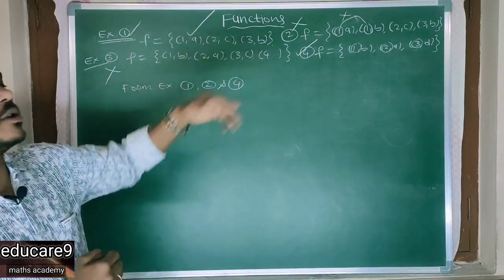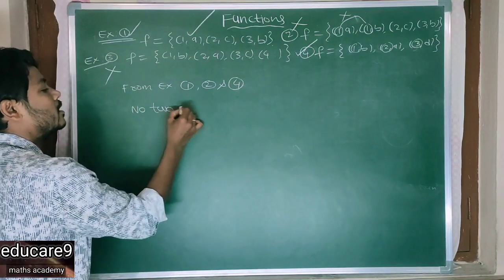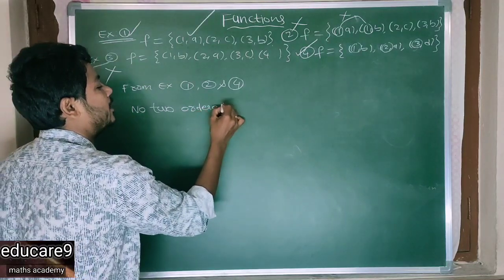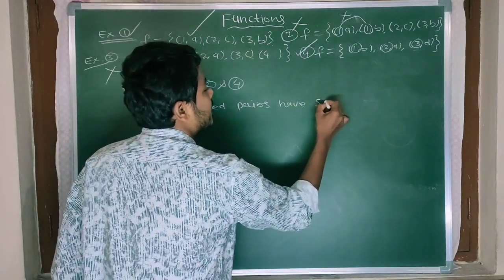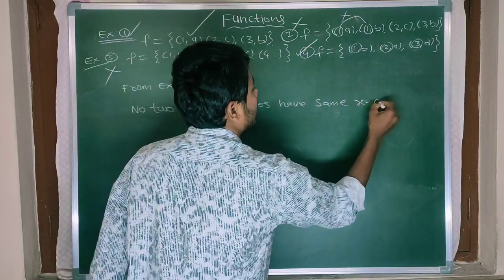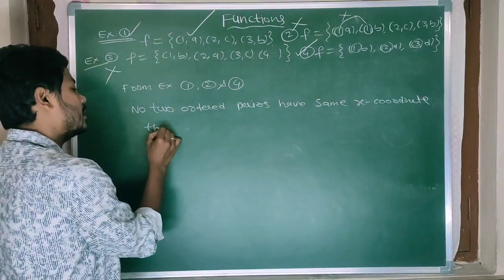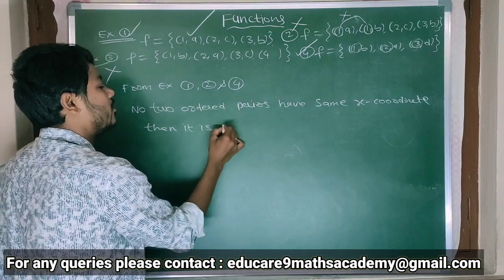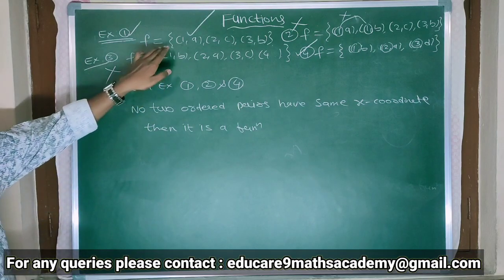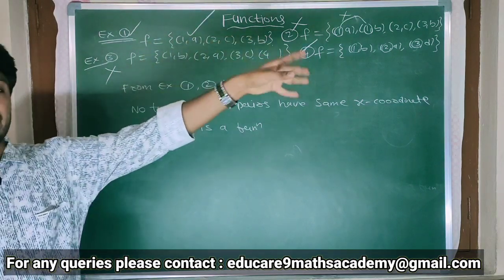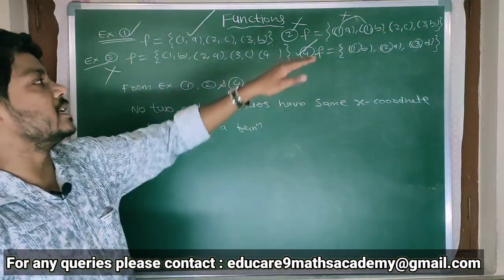So from these examples, we can say that if no two ordered pairs have the same x coordinate, then it is a function. Clearly from example 1, every x coordinate is different, it is a function. In example 2, two x coordinates are equal, so not a function.